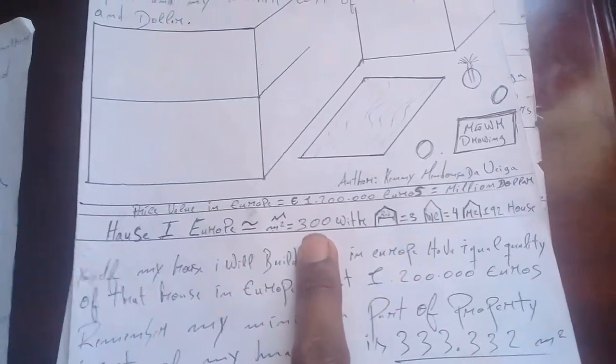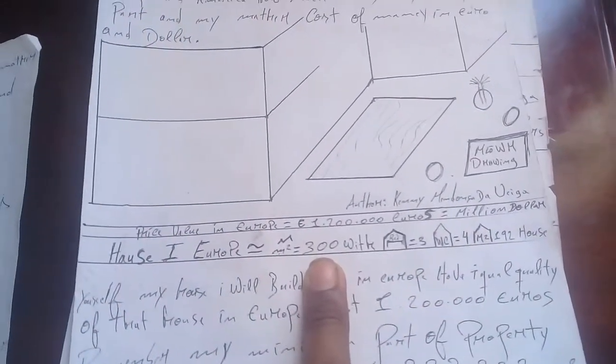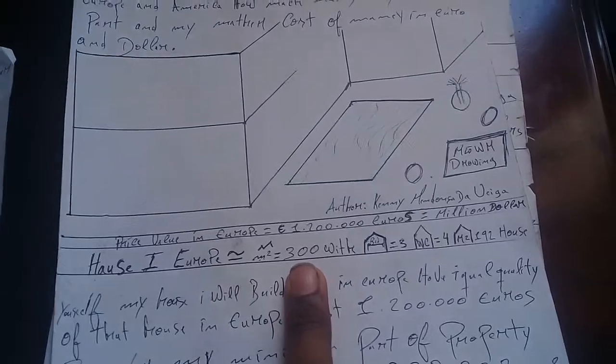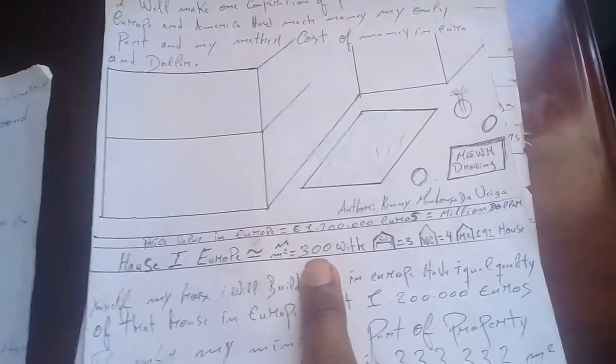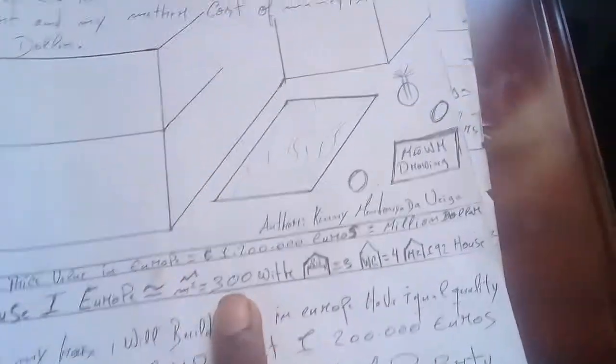I showed you I have my accounts. I build this quality of house that in Europe is worth millions of money.